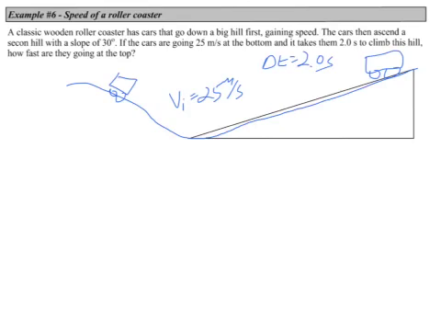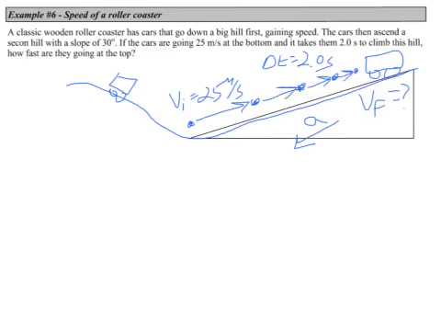Now, anybody who's been on a roller coaster knows that when you start at the bottom of a hill, you're going faster than you're going at the top of the hill, right? So our velocity at the top of the hill, which is what we're looking for, must go down. Our acceleration in this case has to point down the ramp, because if we were to do a motion diagram of this, our longer velocity arrows are down toward the bottom of the ramp.